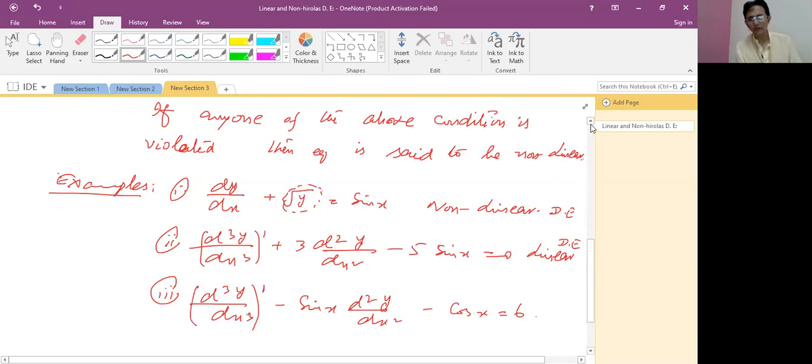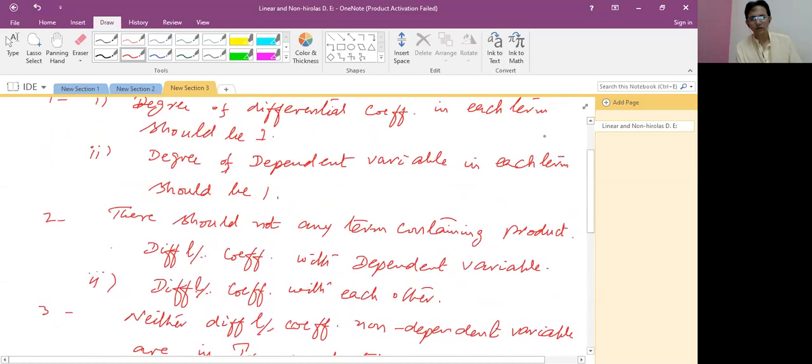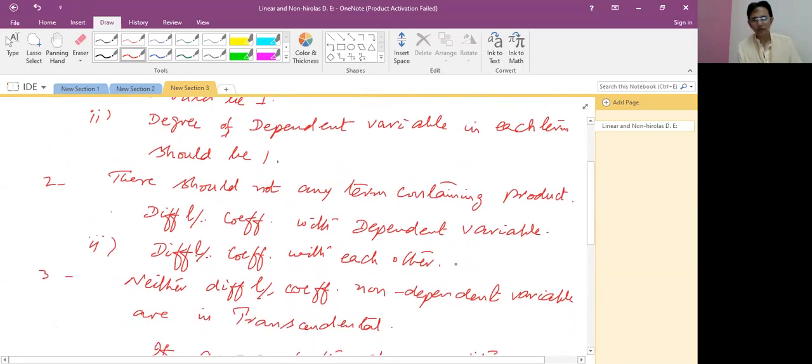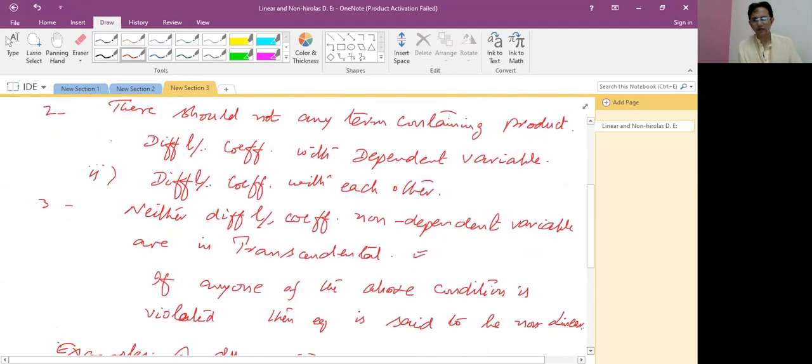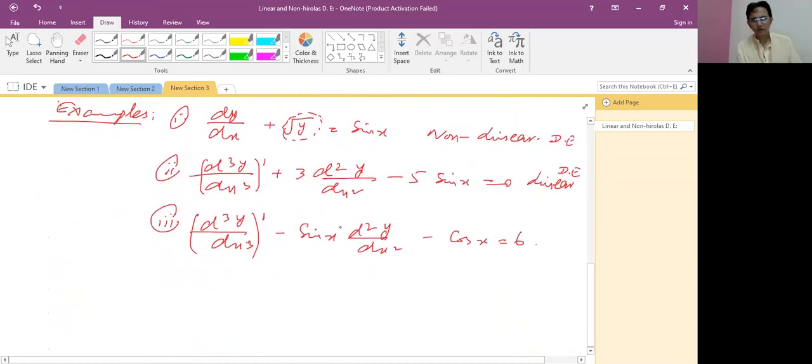According to the first rule, the degree in each term should be 1, and there should not be any term containing a product of a differential coefficient with the dependent variable or non-dependent variable. Here we apply this condition with a transcendental function: it is multiplying the differential coefficient, so that's why it is called a non-linear differential equation.